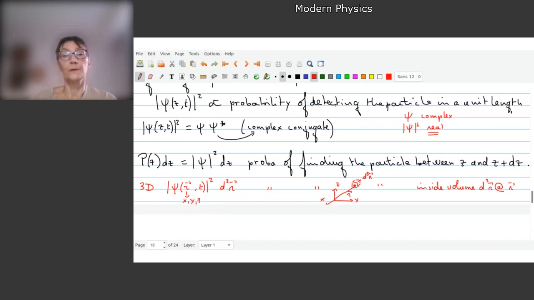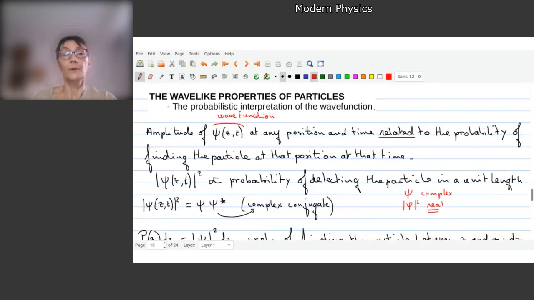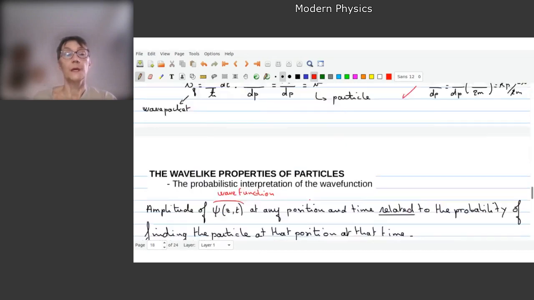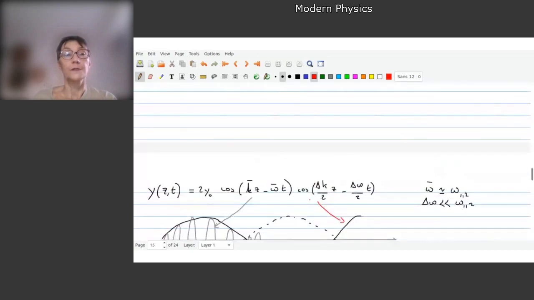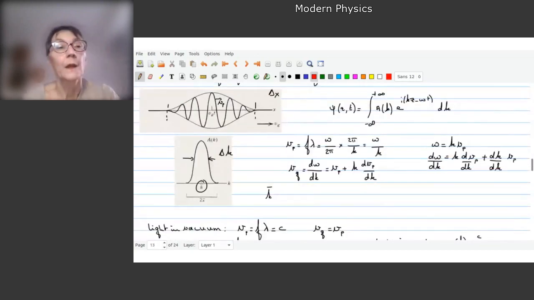So this is the interpretation of the wave function. Why do we say this is probabilistic? It is because, you see here, the particle can be here or any place inside this wave packet. When we make measurements, for example, you have some identical electrons, they have the same wave function, and if you make a measurement on the position of these electrons, even though they have the same wave function, you won't find them all at the same position, okay?